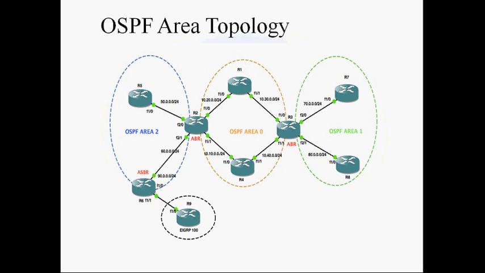The router which combines more than one area is called an area border router. R3 is also an area border router because it connects area 0 and area 1. R6 connects different autonomous system networks, so it acts as the autonomous system boundary router.